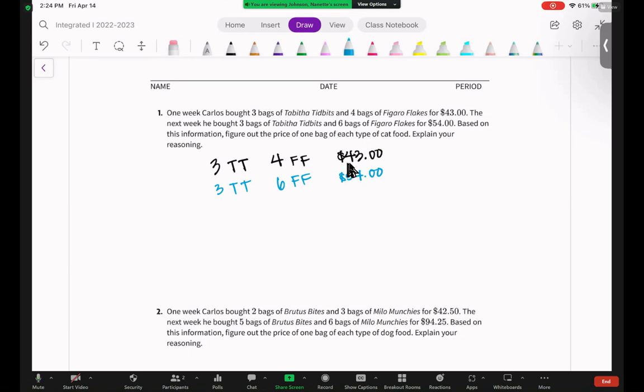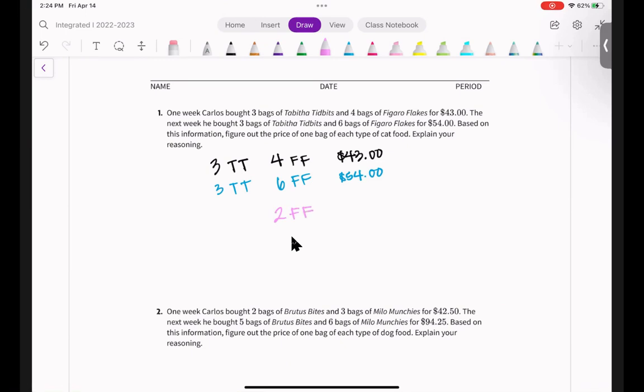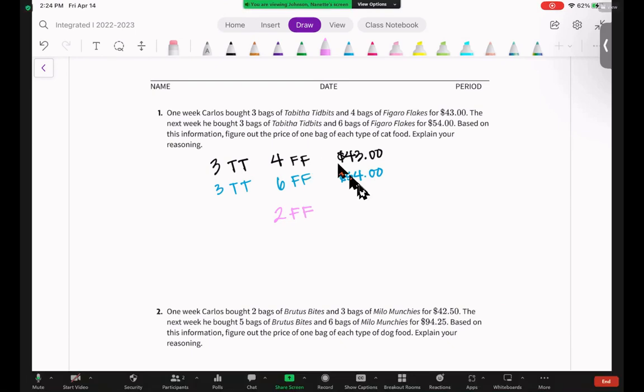Maybe you say, oh, Miss Johnson, the reason why they're not the same has to do with you didn't buy the same number of Figaro flakes. Oh, okay. So how many more Figaro flakes did they buy the second time? And you're like, oh, two more. So I'm like, okay, well, two Figaro flakes, right? That's the reason why there's that difference, why these two weren't the same price. Well, how much more did you have to pay for those two bags of Figaro flakes?